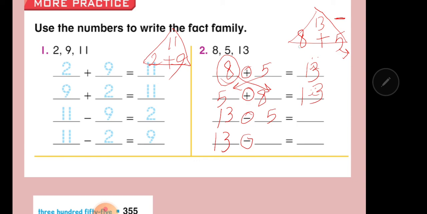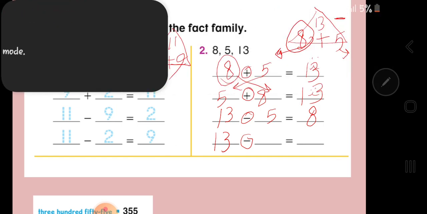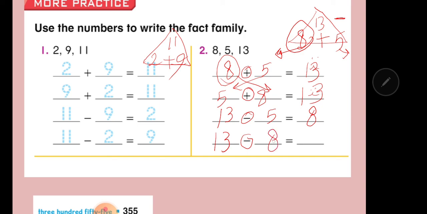Minus. How many are left with me? 8. Now let's change again. If 8 didn't listen to their dad and went out, what will be left with me? 5. Okay, so remember, always I use the same 3 numbers with 4 related facts connected together, 2 for add and 2 for subtract.